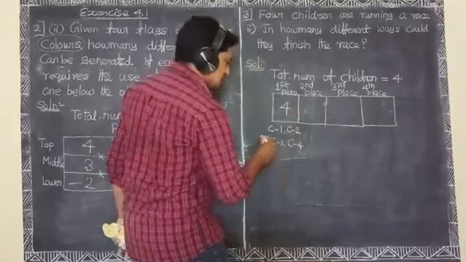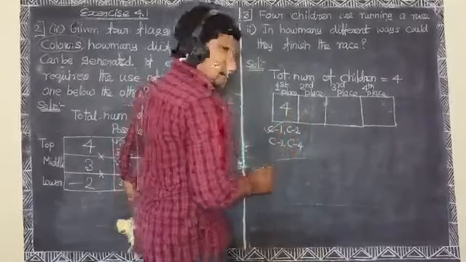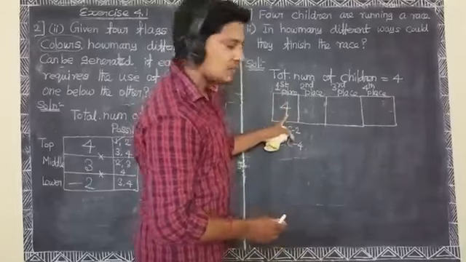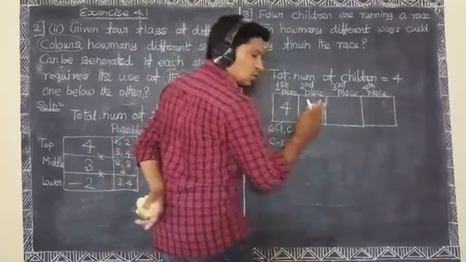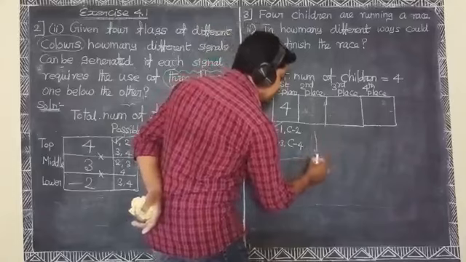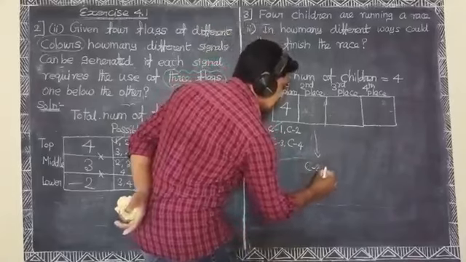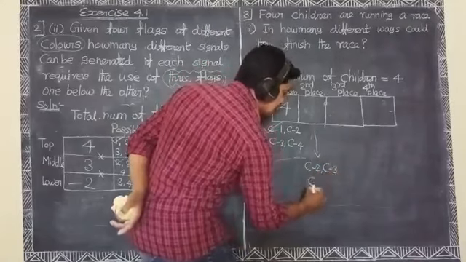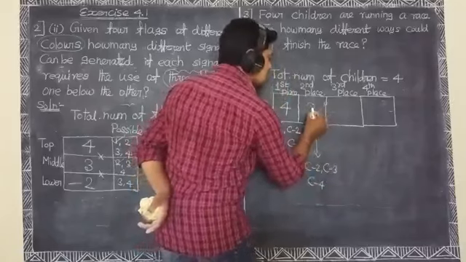Suppose child 1 is placed in first position. The second position is possible only for child 2, child 3, child 4, so 3 ways.